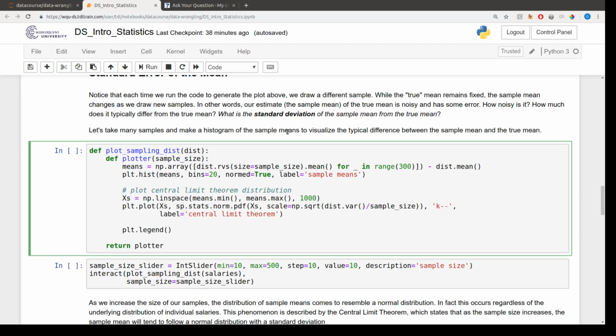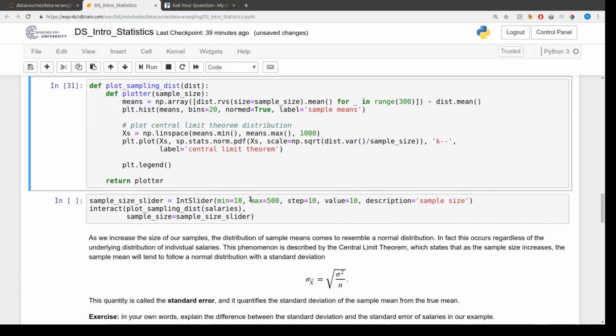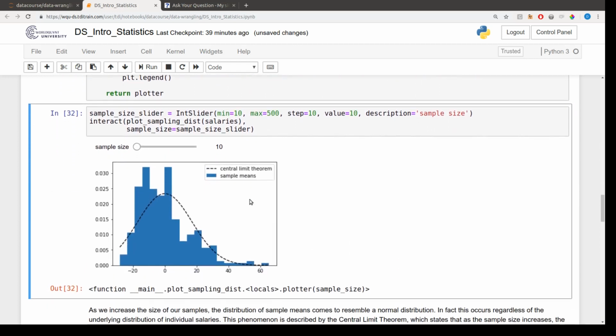So again, here I'm just defining another plotting function. If we go ahead and run that, here on the x-axis I have the difference between the sample mean and the true mean.